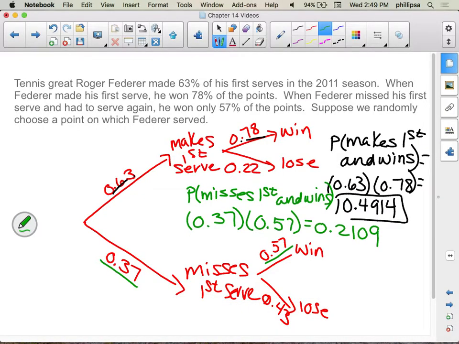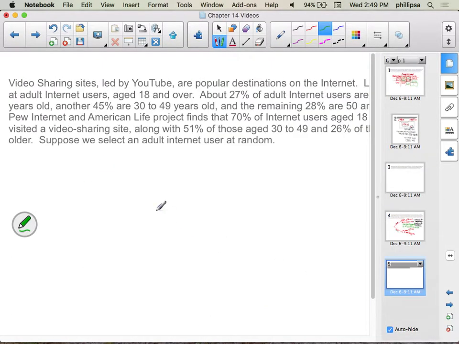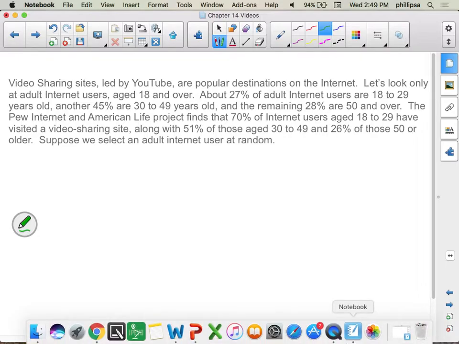It's easier for me to write on this program. Okay, here it is.